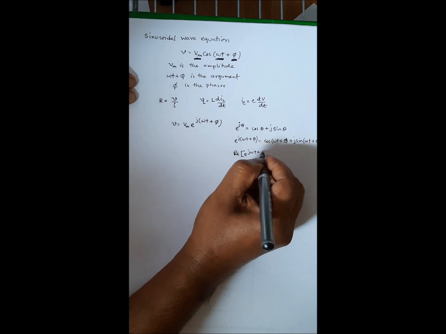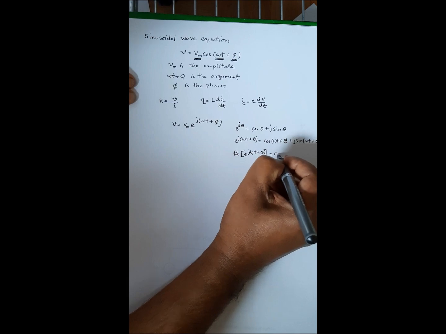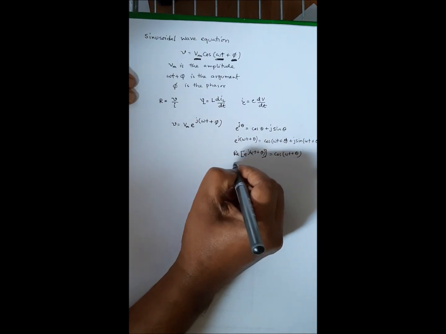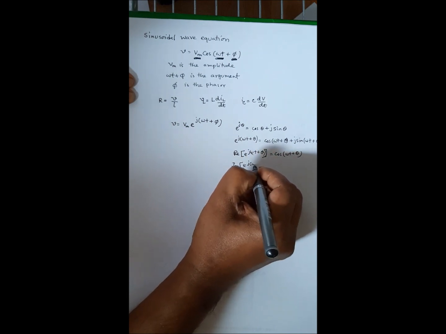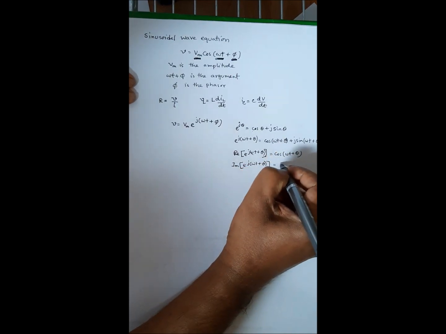The real part will be the cosine function, and the imaginary part of Euler's expression will be the sine.